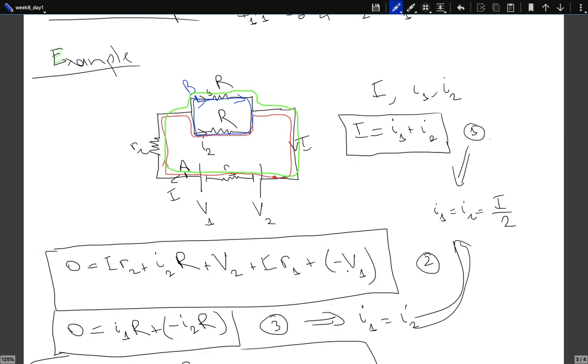Once I use the Kirchhoff's rules, I write down the equations that determine my currents. And once I determine the currents, it might turn out that the currents will be negative. If the currents are negative, that would only tell me that my initial guess in the direction of the current was wrong. So I should just change the direction of the current. The current is actually running in the opposite direction. That's the only thing that the negative current would tell me.